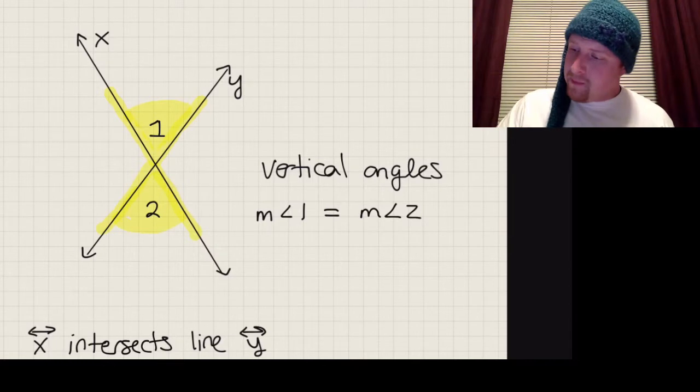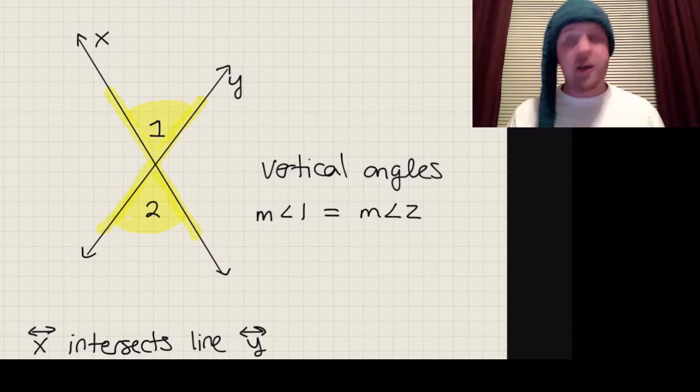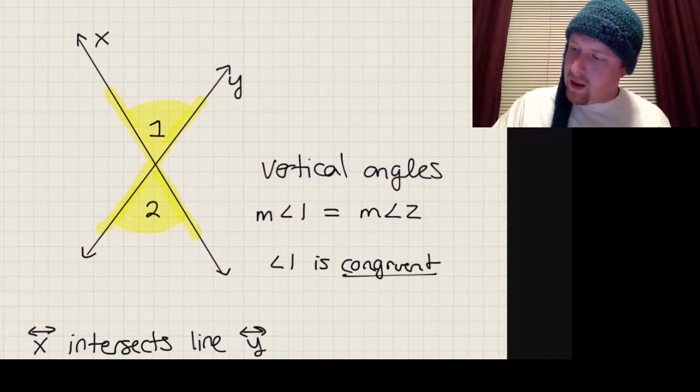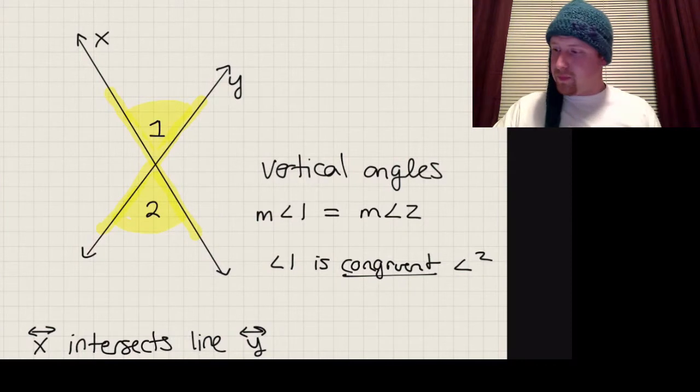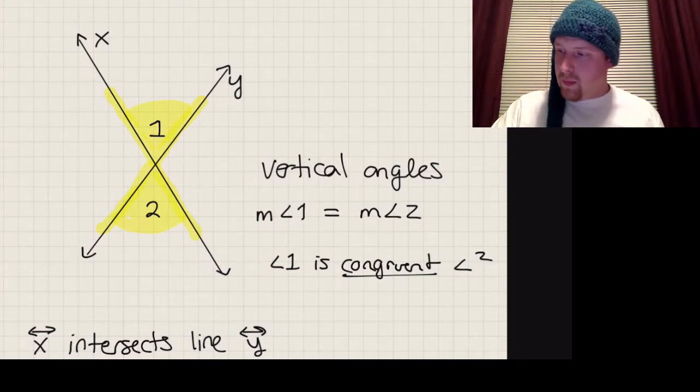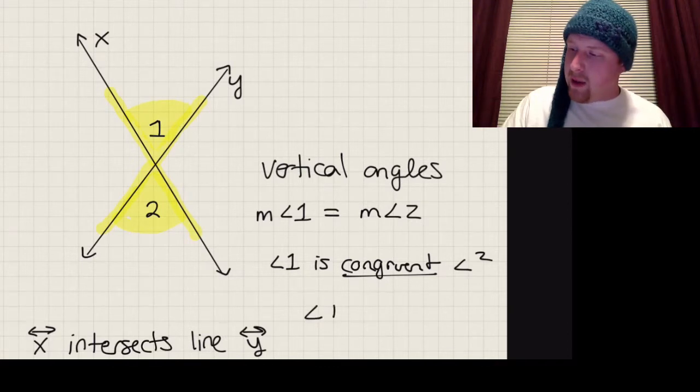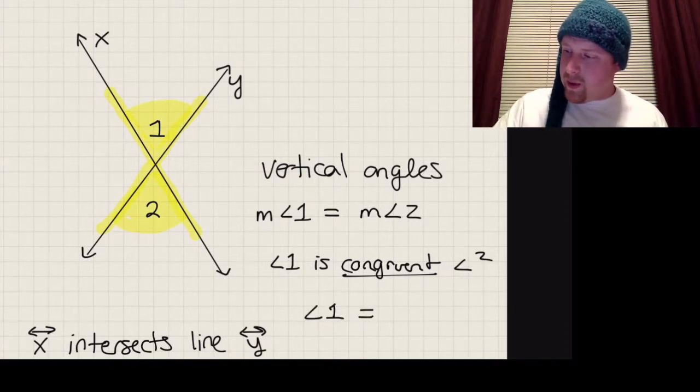Okay? So this is almost like the definition of congruent: when they have the exact same measurements. So we would say angle 1 is congruent to angle 2. A way that we could write this is that angle 1 is, with a squiggly symbol, congruent to angle 2.